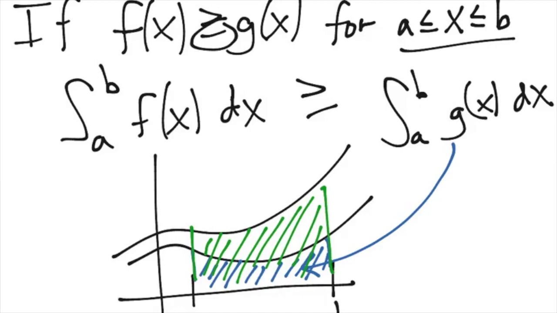If they're exactly the same function, at least on that interval, then they could have exactly the same integral. But if f of x is always greater than or equal, it is not possible for the integral from a to b of f of x to be less than the integral from a to b of g of x.